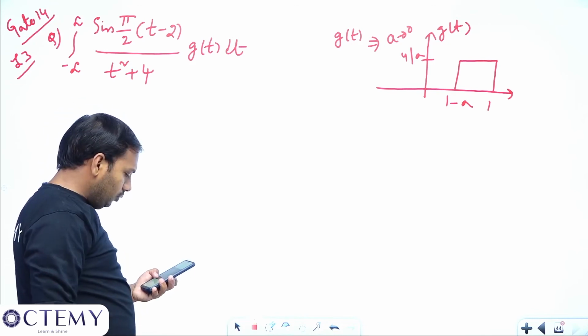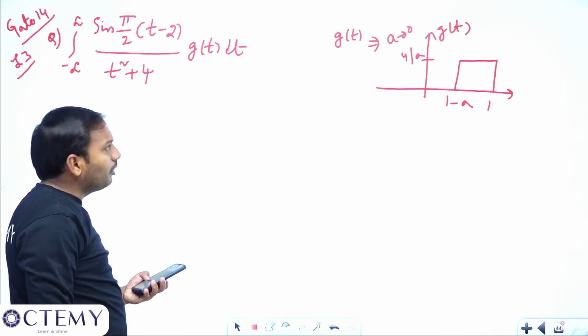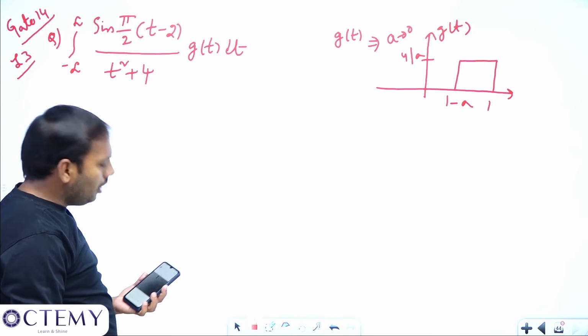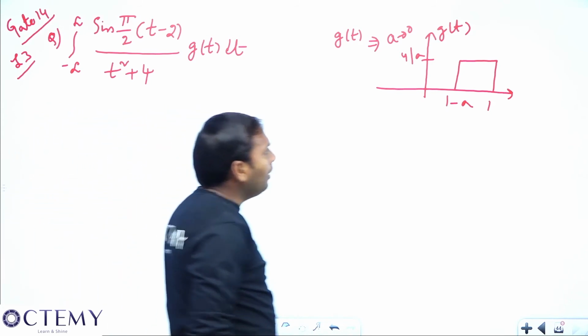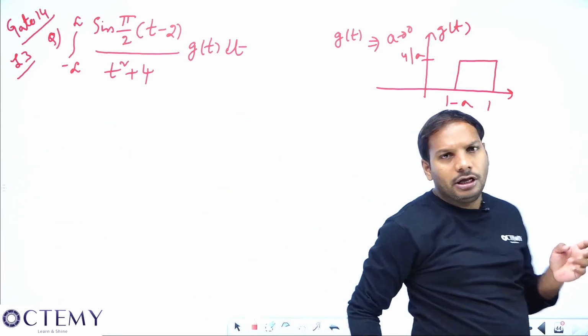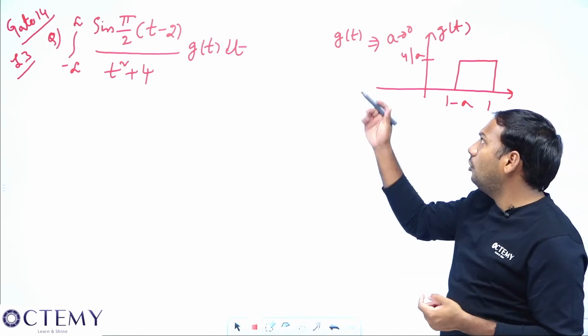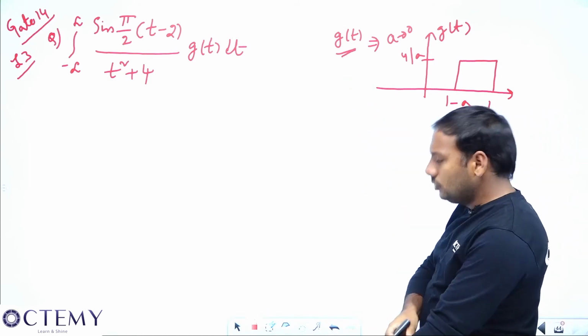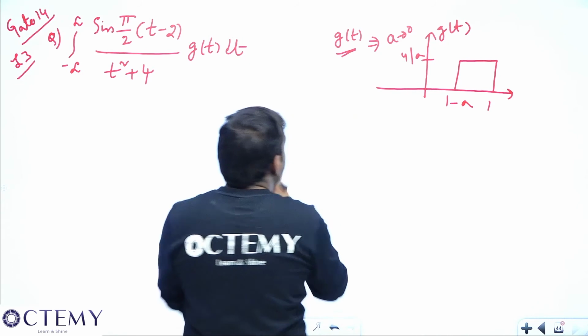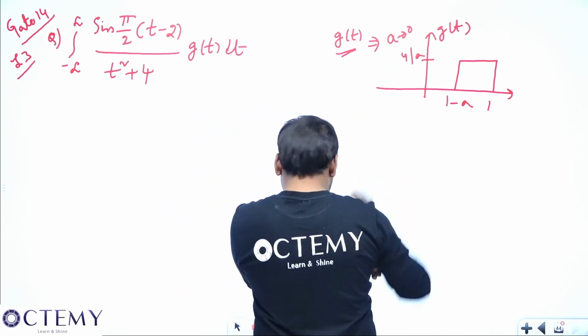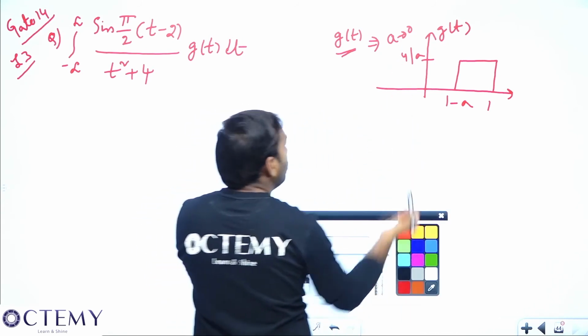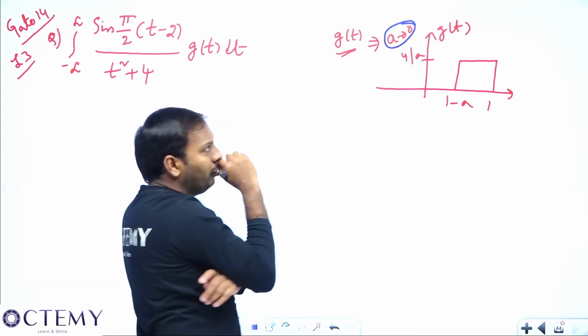Okay, so you feel little bit difficulty in solving this problem. Now first of all you have to get back the value of g of t. What is g of t? So try to understand clearly what he is saying. You have to make this a is tending to 0. What will happen?